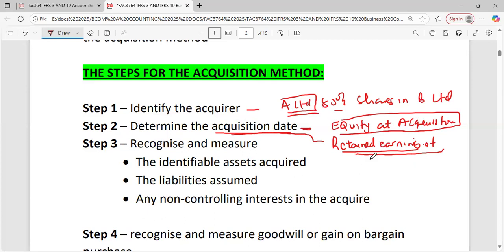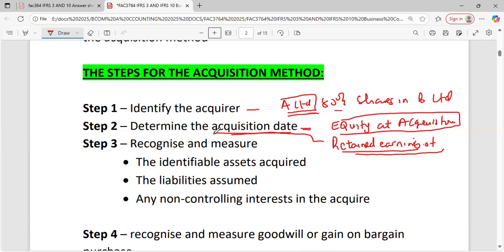But the retained earnings since acquisition to the date of consolidation are no more part of the equity. It's now going to be shared between the acquirer and the non-controlling interest.